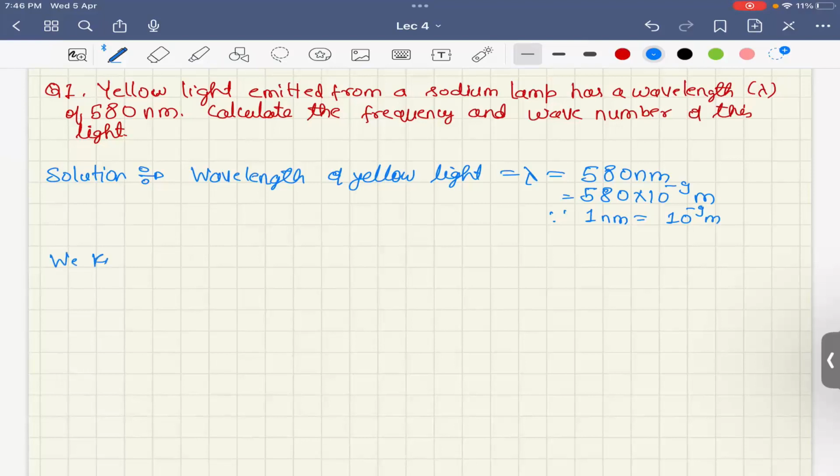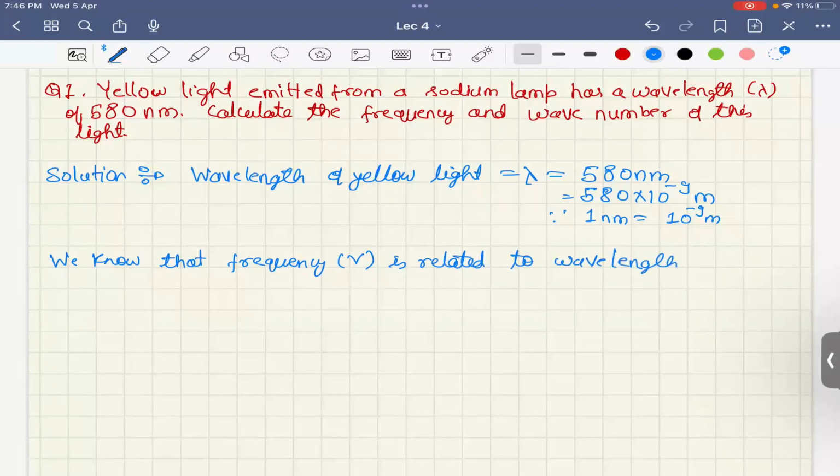So we know that frequency is related to wavelength as lambda × ν = c.